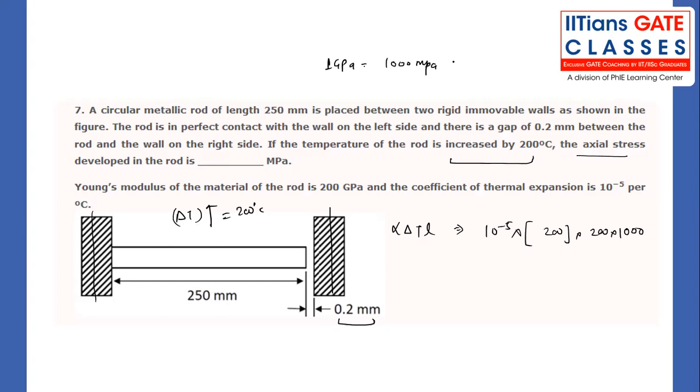So when you do the calculation, you will get alpha into delta T into L. That is coming as 400 mm, which is more than 0.2.